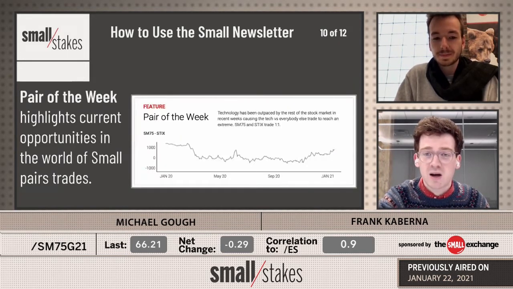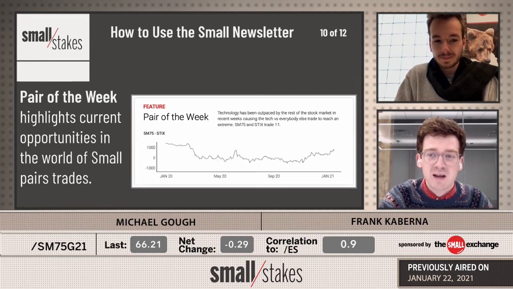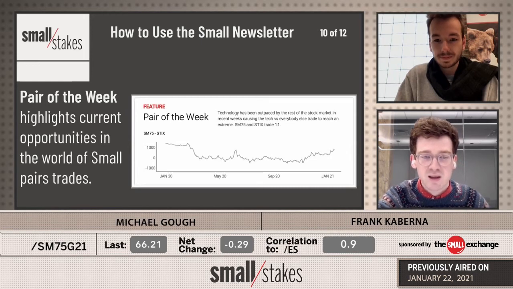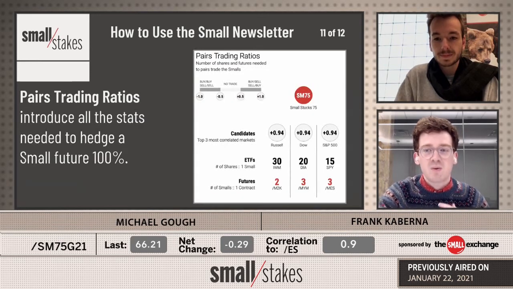And so what we have is, one, a nice pair of the week feature, a little bit of writing and charting around a pair that's really moving around recently. But what you've got here, Mikey, is that 100% hedge creating a pairs trade.